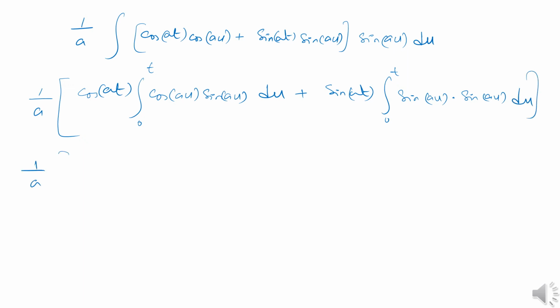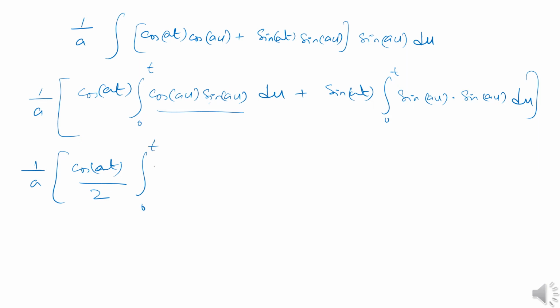Now we'll simplify it further. Now look at this part. This is cos multiplied by sine. So if I multiply it by 2, I will get sine 2 theta. So to multiply by 2, I will divide it by 2.